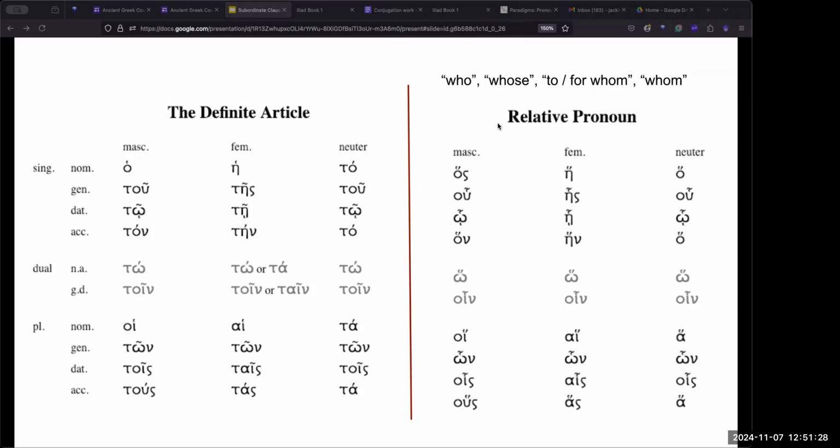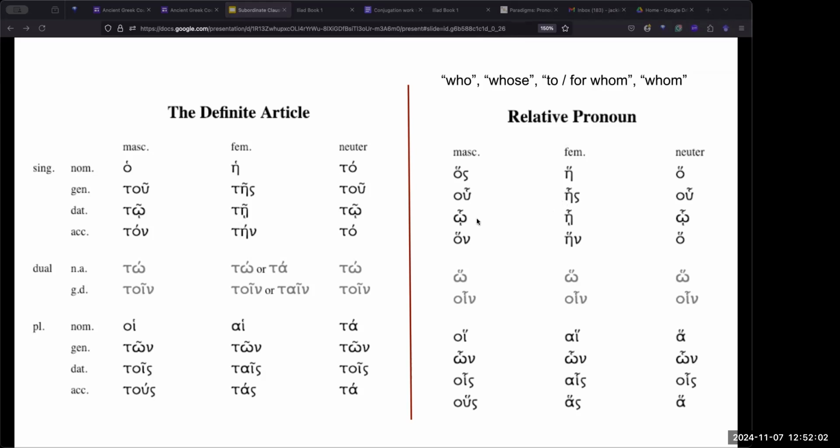All right. And so if you're going to translate then, hos or hē is who, right? And neuter then would be that. And then whose is the best way to deal with the genitive, whose or of whom, but always try whose first, and if that doesn't work, then go with of whom, and that will probably work.